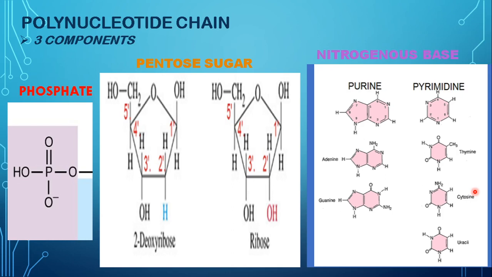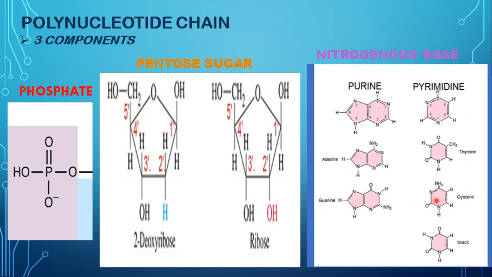But for polynucleotide chains, if it is deoxyribonucleic acid, then only 4 types will be present: adenine, guanine, thymine and cytosine. If it is ribonucleic acid, then also only 4 types will be present: adenine, guanine, cytosine and uracil. So what can we infer?